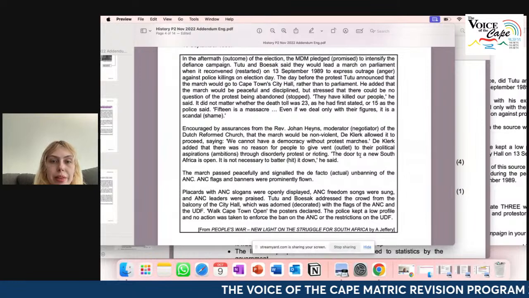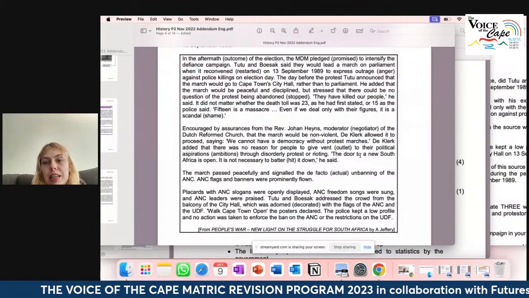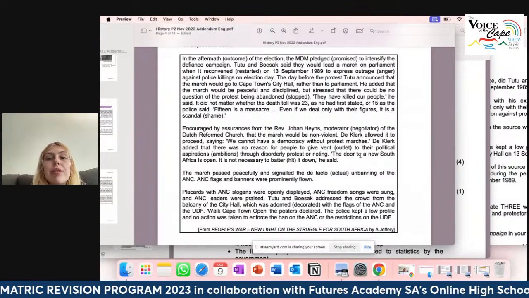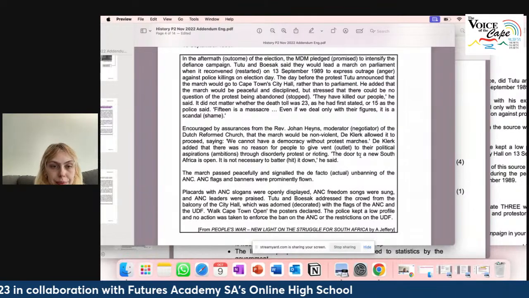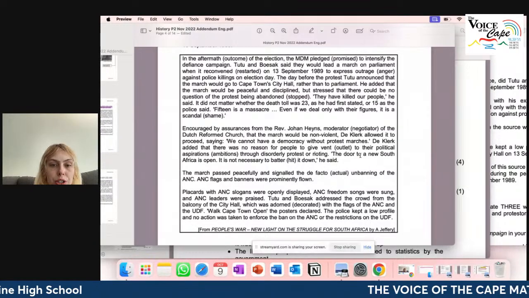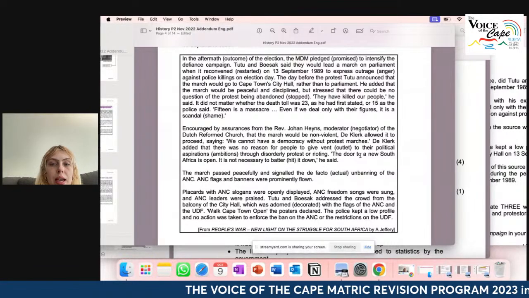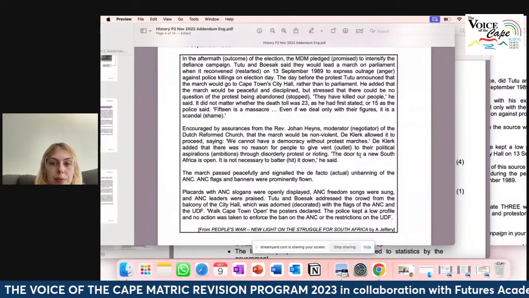It did not matter whether the death toll was 23, as he had first stated, or 15, as the police said. 15 is a massacre. Even if we deal with only their figures, it is a scandal. Encouraged by assurances from the Reverend Johan Heyns, moderator of the Dutch Reformed Church, that the march would be nonviolent, de Klerk allowed it to proceed, saying, "We cannot have a democracy without protest marches."